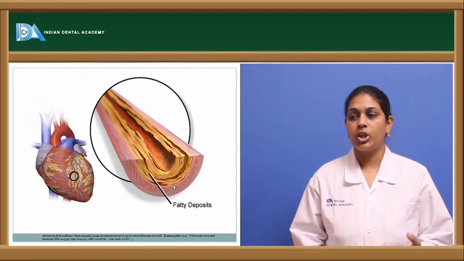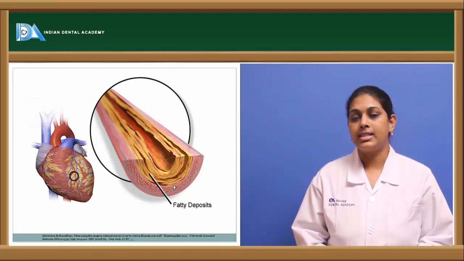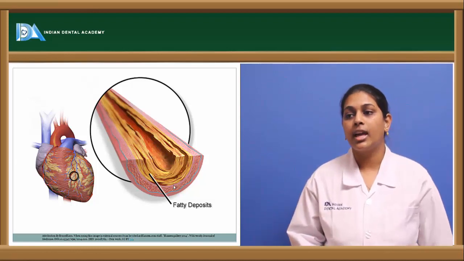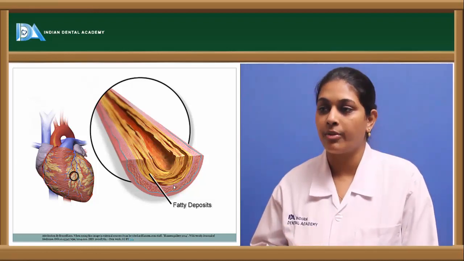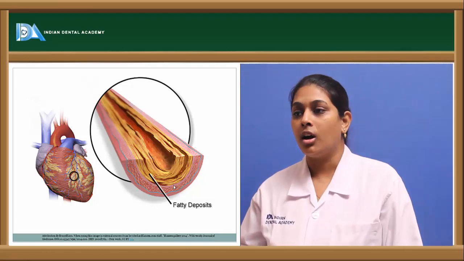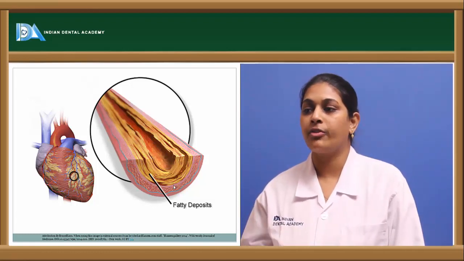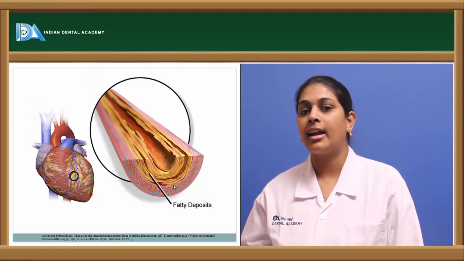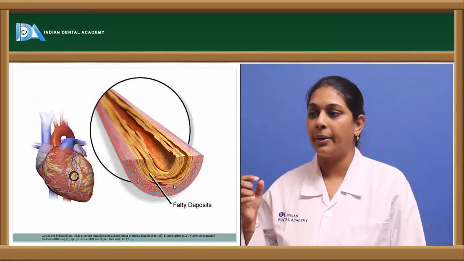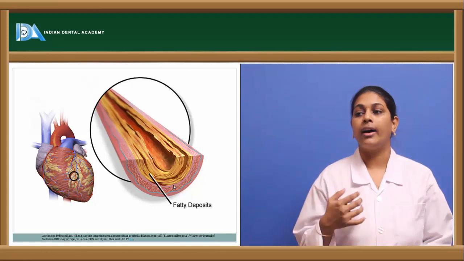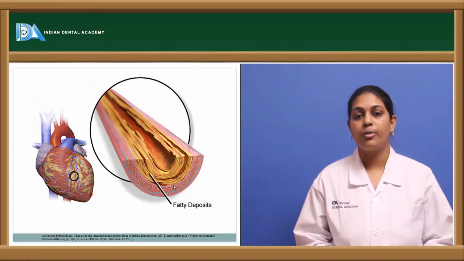Coming to the picture, how ischemic heart disease is seen: the left side picture shows a heart where an area has been identified with a circle. This shows a higher magnification of that artery, where we see fatty deposits with the formation of atheromas within the intima of the artery.